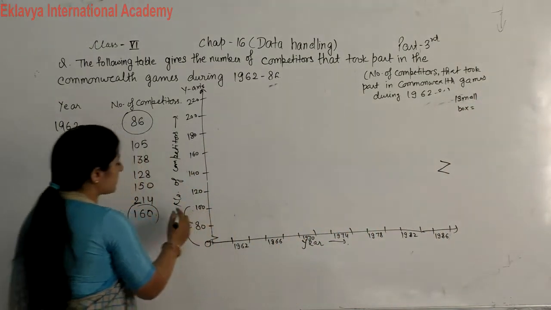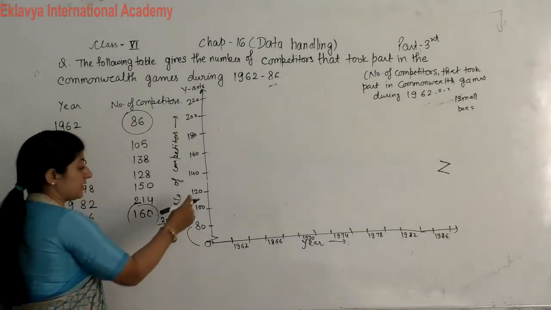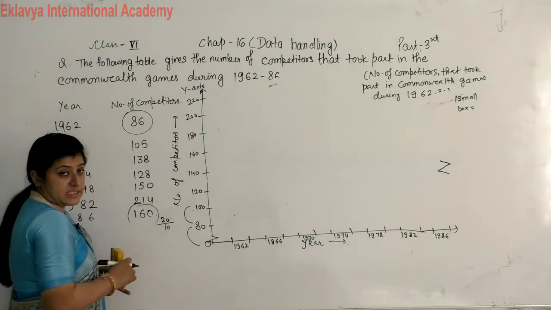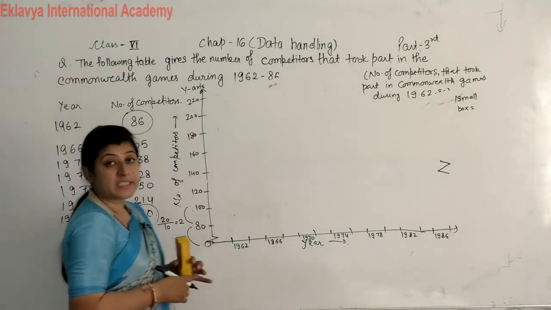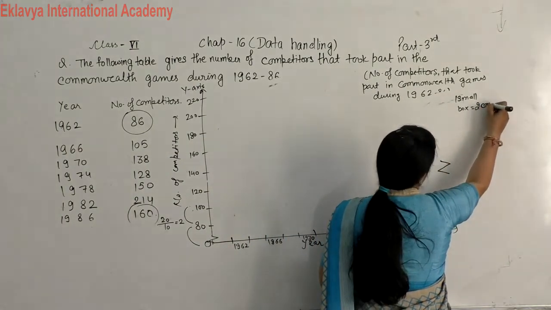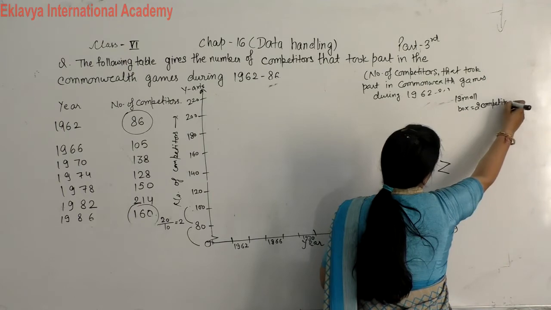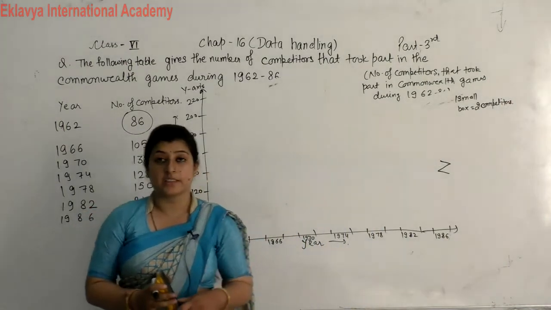There is a difference of 20 and this is all divided into 10 parts, but this difference is 20. It means each part represents 2 competitors.